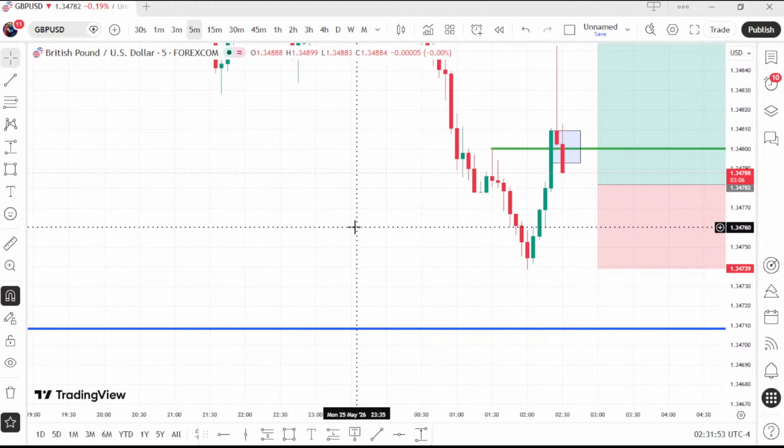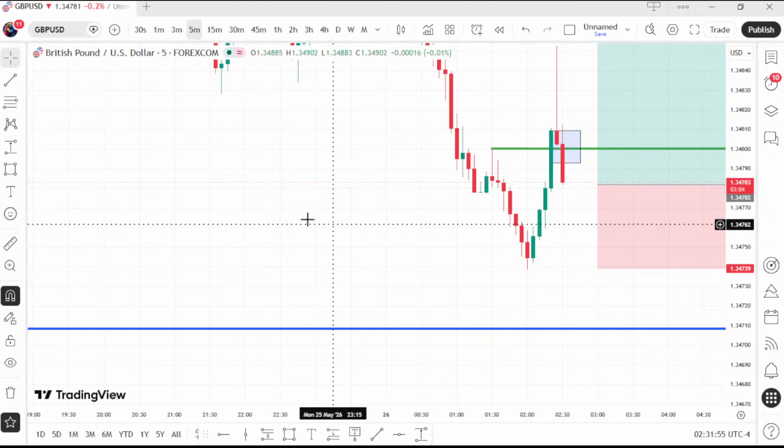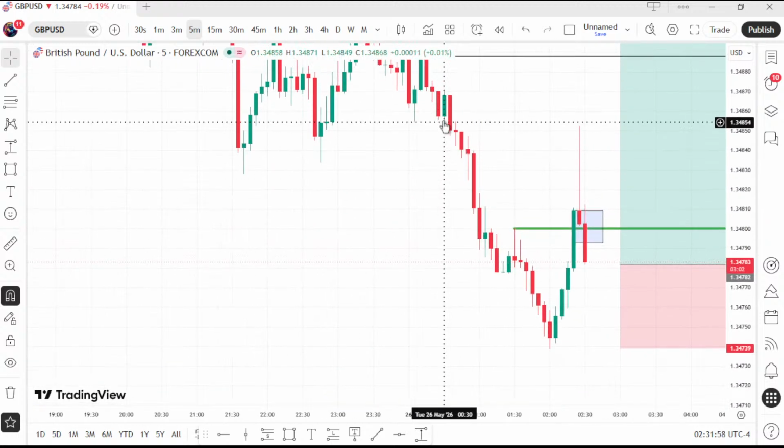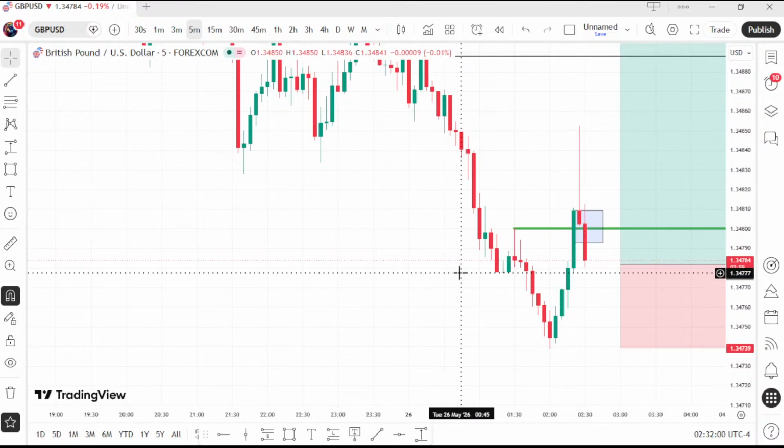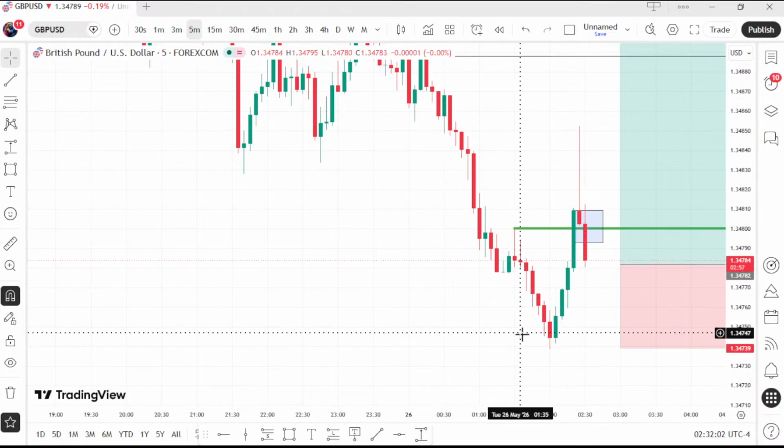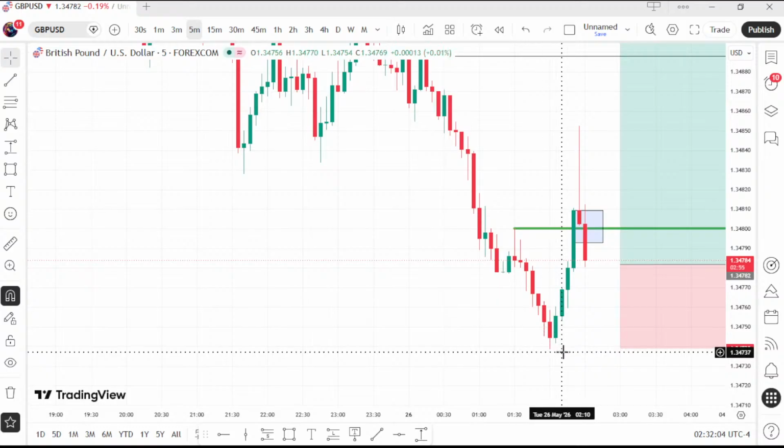It's actually giving us signs that it's not a valid entry, that it's going to reverse to this. But let's watch. Putting a stop loss below here.